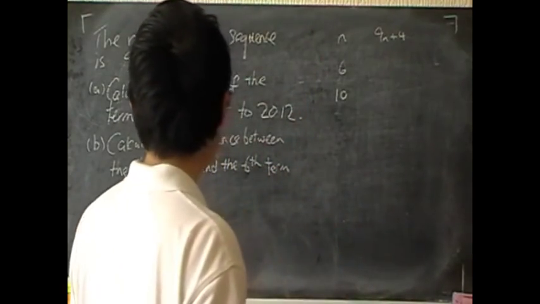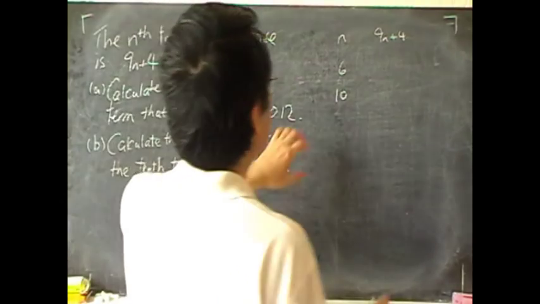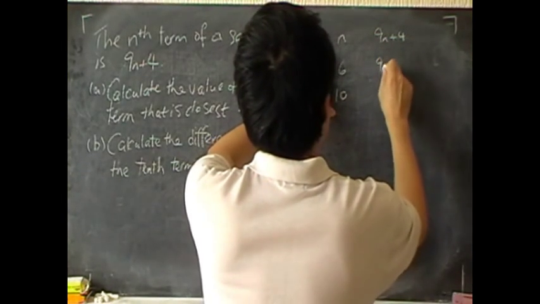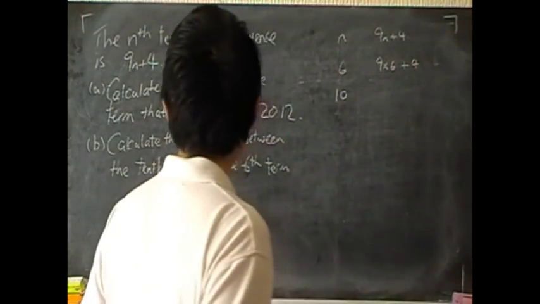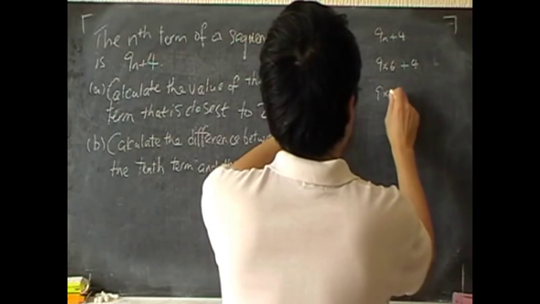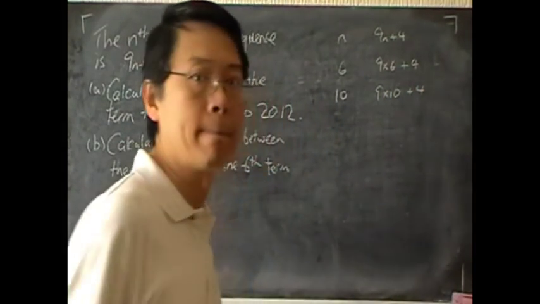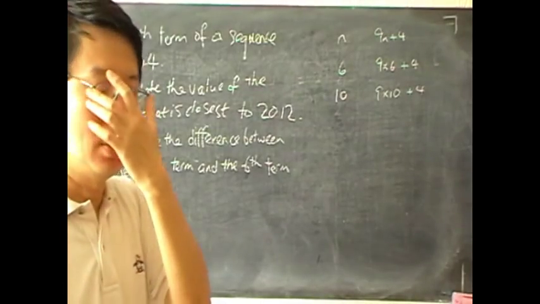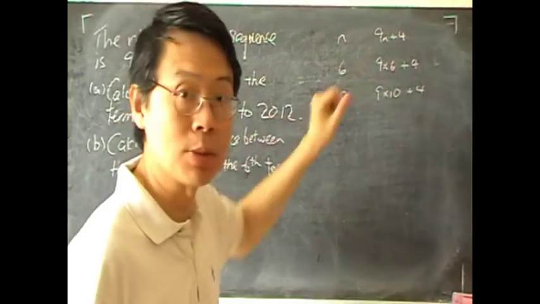When n is 6, 9n plus 4 is 9 times 6 plus 4. When it's 10, it's 9 times 10 plus 4. So we need to find those two answers and subtract them.